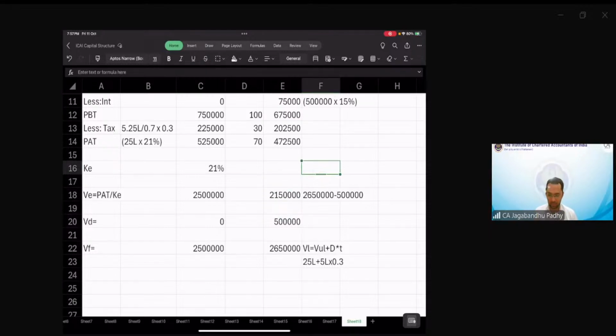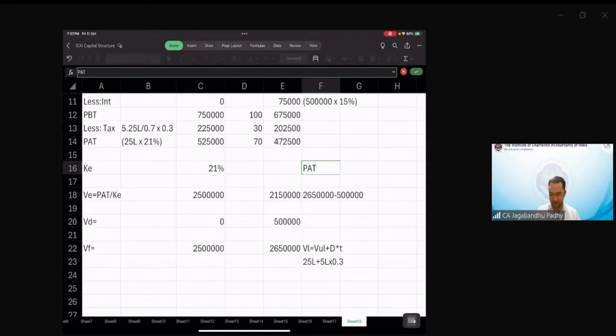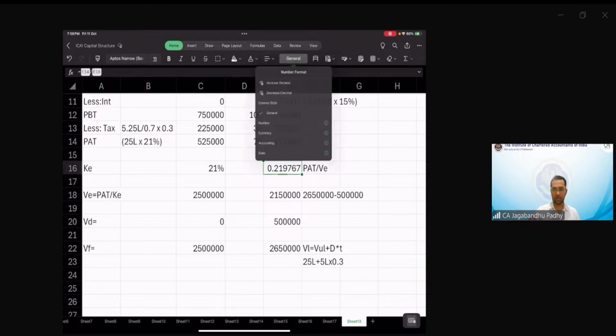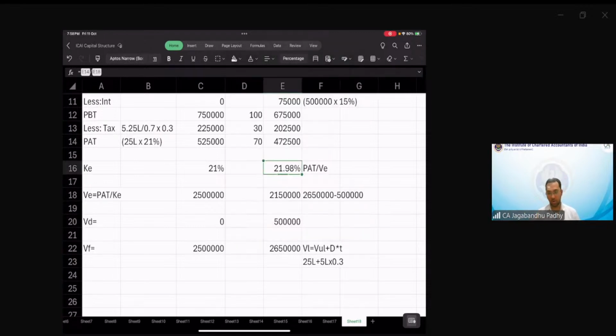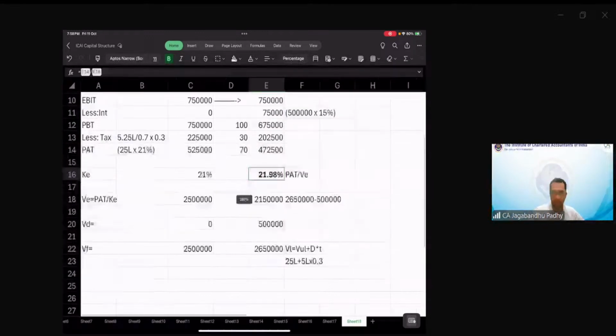How do we get the KE? KE can be computed as PAT divided by value of equity. And we observe that the cost of equity rises with the debt being taken by the company. So that's how we typically solve it.